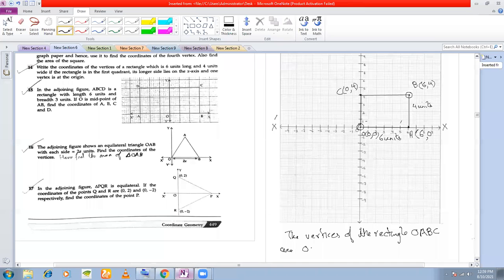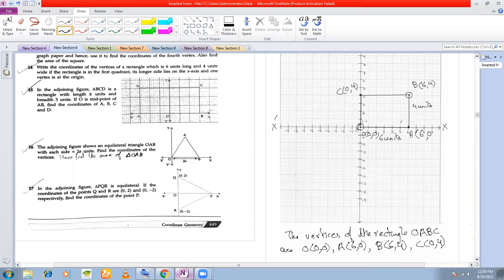O is the origin, so the coordinate is 0, 0. A, we have found out as 6, 0. B, we have found out as 6, 4. And C, we have found out as 0, 4. So these are the vertices, as simple as this. Clear?